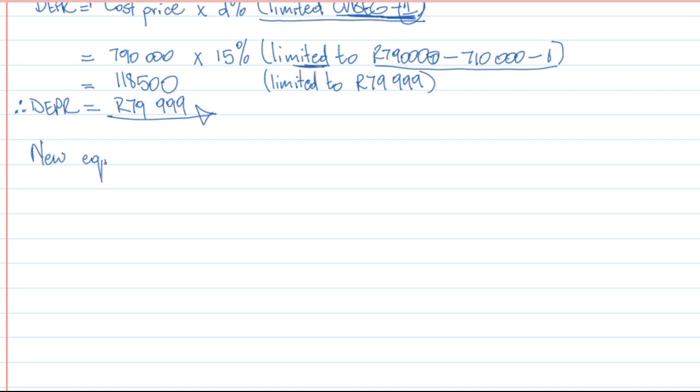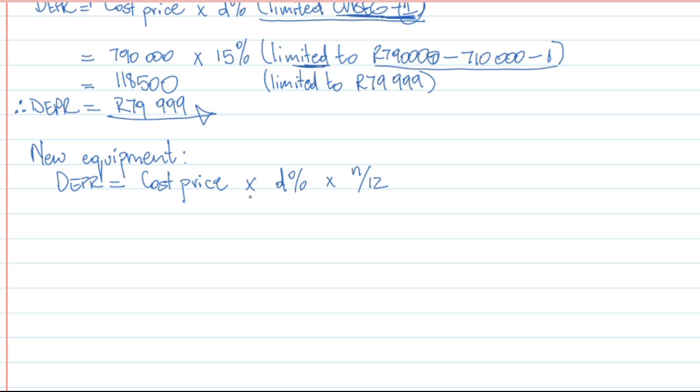Now let's look at the new equipment. The equation for calculating depreciation on new equipment is depreciation equals cost price of the new equipment multiplied by the depreciation rate multiplied by n over 12.